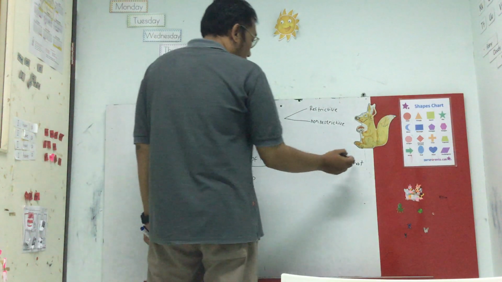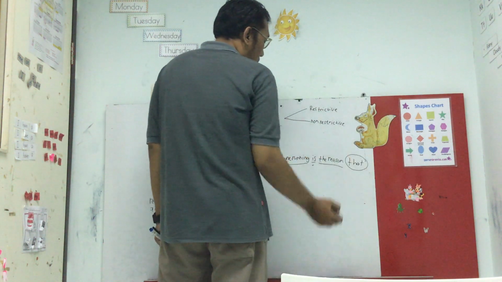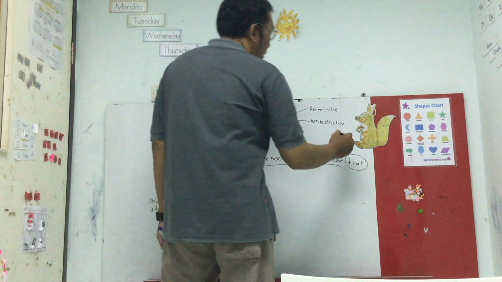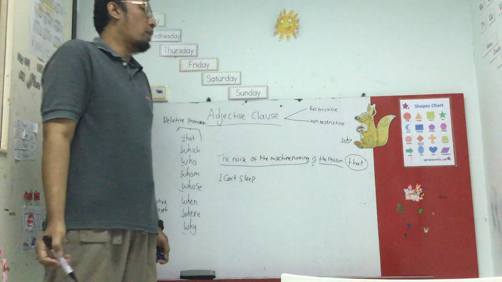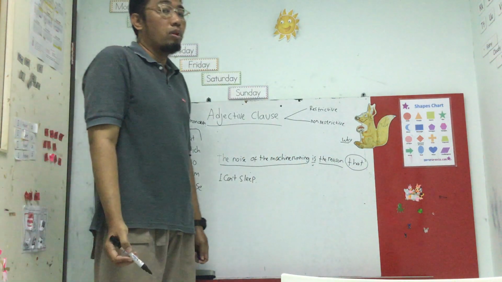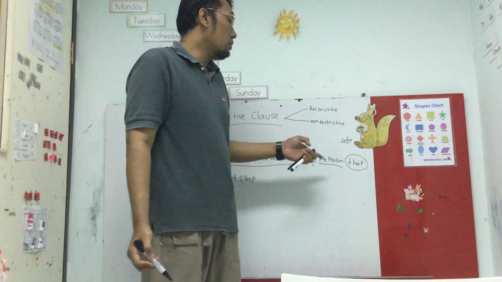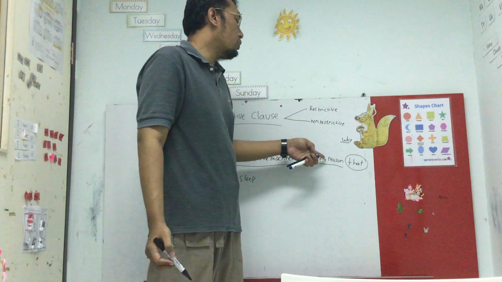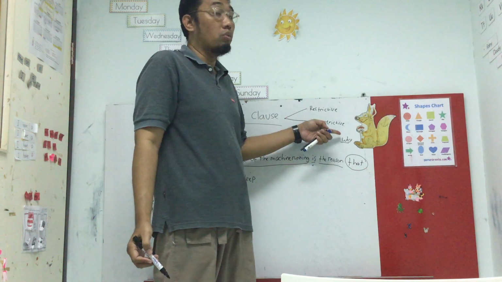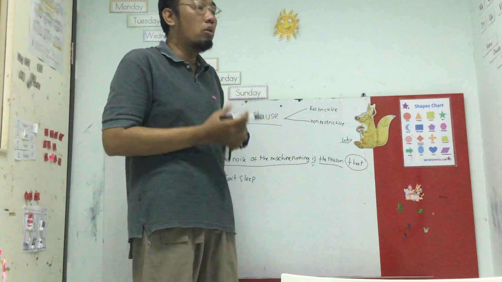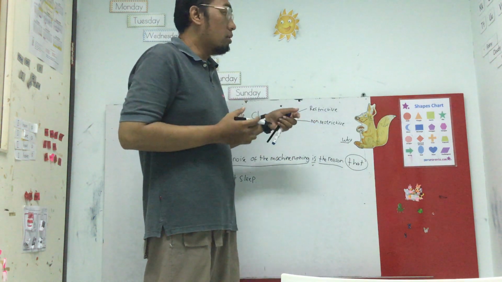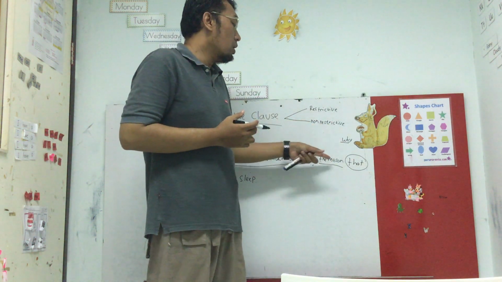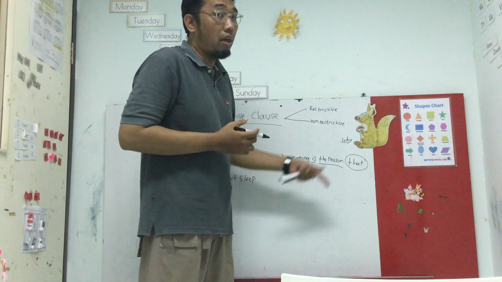Why, mister? Why don't you put why over here? Well, to explain this, if we already put reason, we don't have to put why, because of course we know why is reason. So instead of using why, we just need to use that.